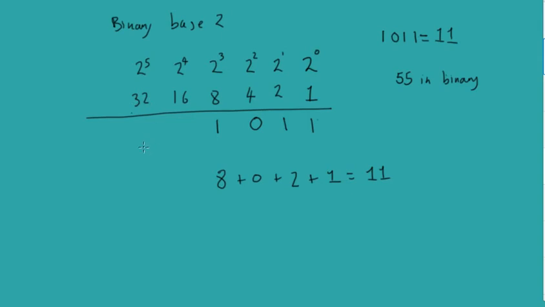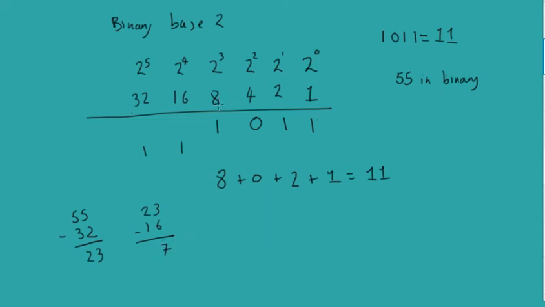So we'd put a 1 here. And then we would take the 55 and we would minus the 32. That would give us 23. Can 23 go into 16? Yes, it can. So now we take the 23 and we minus 16. And that gives us 7.